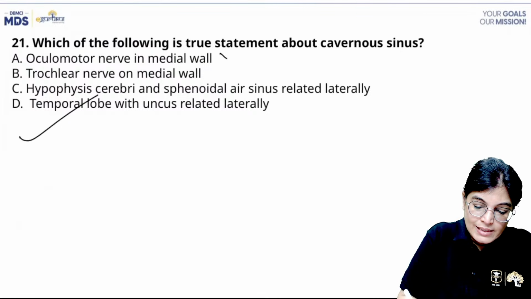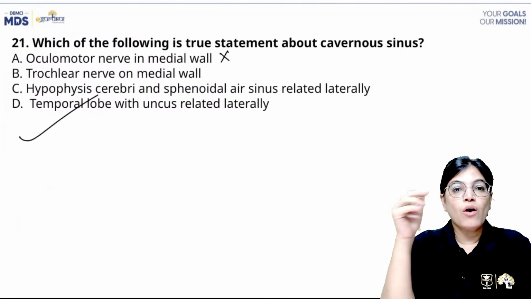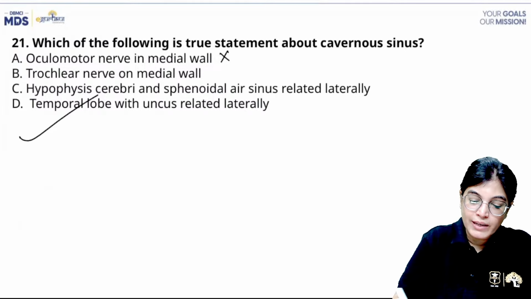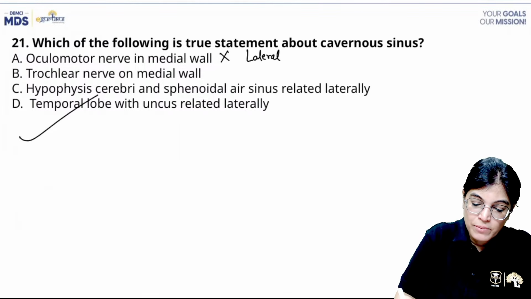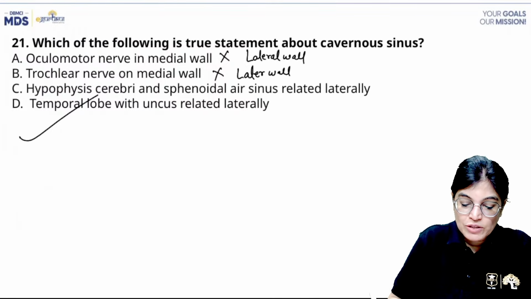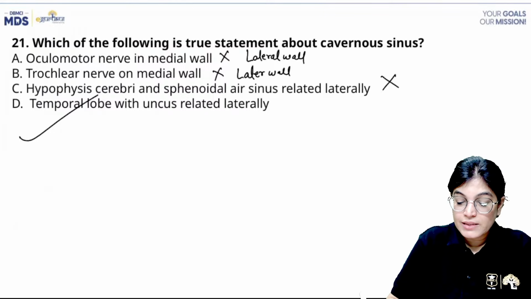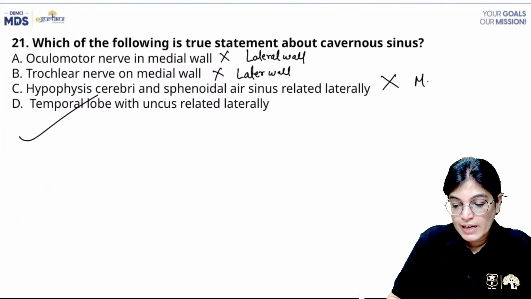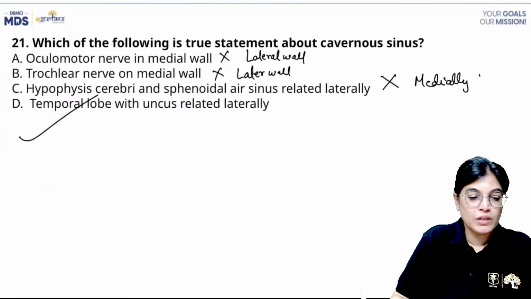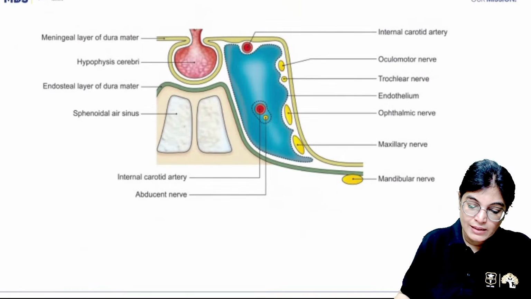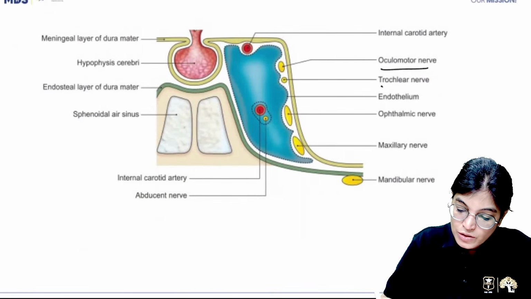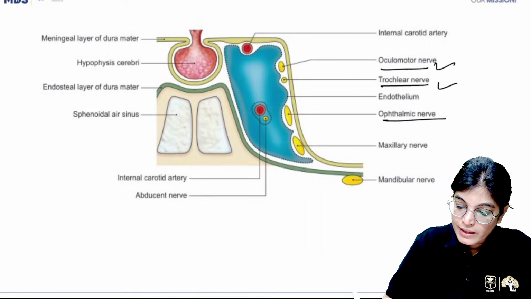Now, why is A not the right answer, my dear students? Oculomotor nerve in the medial wall is wrong. It is related to the lateral wall. I will show you the image also. The trochlear nerve is also related to the lateral wall, not the medial wall. The pituitary gland and sphenoidal air sinus are related medially to the cavernous sinus. In this image you can see the oculomotor, trochlear and ophthalmic nerves in the lateral wall.